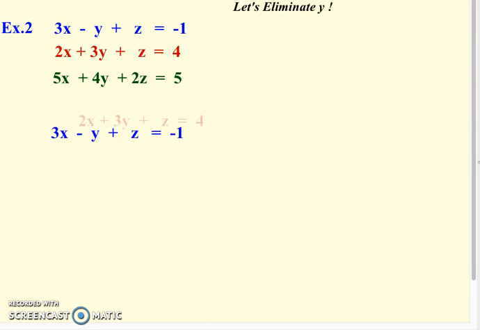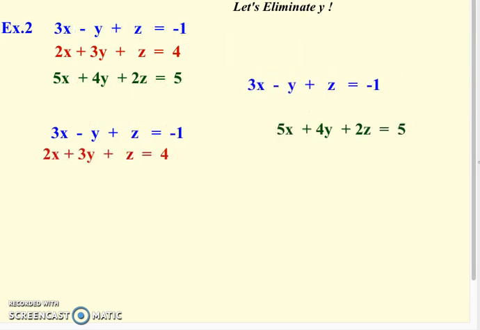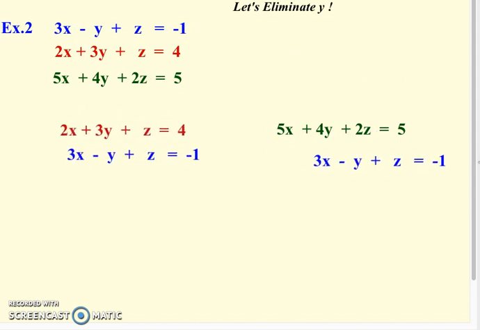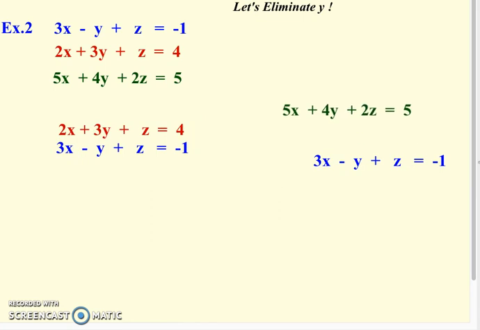So again, we're going to go in pairs. Usually I like to put the equation I'm going to change on the bottom. So when I do the multiplication, it's not so much a mess or keeps things kind of put close together in terms of which ones I'm going to add together. So I'm going to multiply the blue equation through by 3.